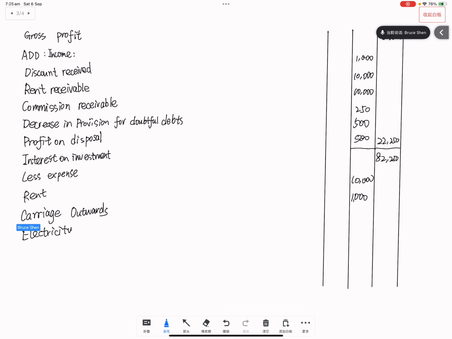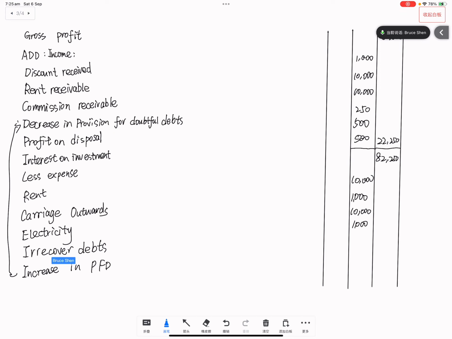Irrecoverable debts. Bad debts. No, this is not bad debts. It is just irrecoverable. 1 grand. Increase, the opposite of this one. Make some sense? I'll write PFDD, provision for doubtful debts. 1 grand.